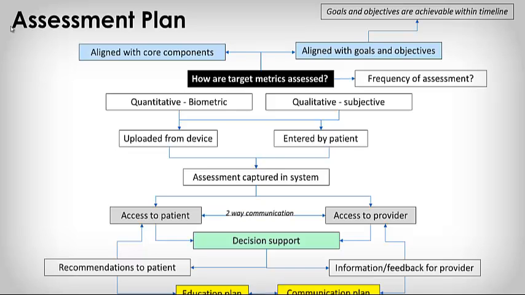These recommendations may be in the form of an educational plan, and the decision support to the provider is information and feedback, and may become part of the communication plan. So the assessment plan, the education plan, and the communication plan here are all linked.